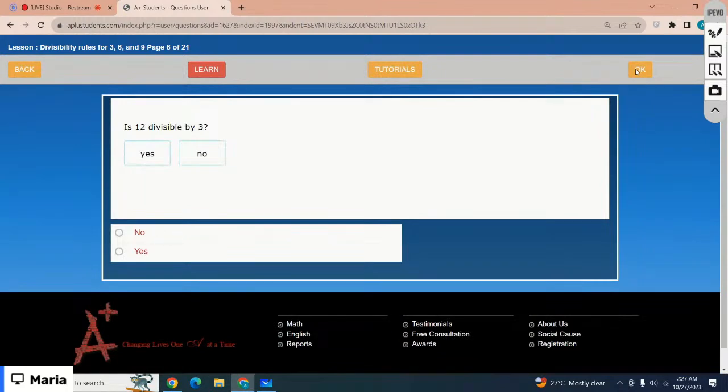Is 12 divisible by 3, which is the correct option? The correct option is yes, 12 is divisible by 3, right?